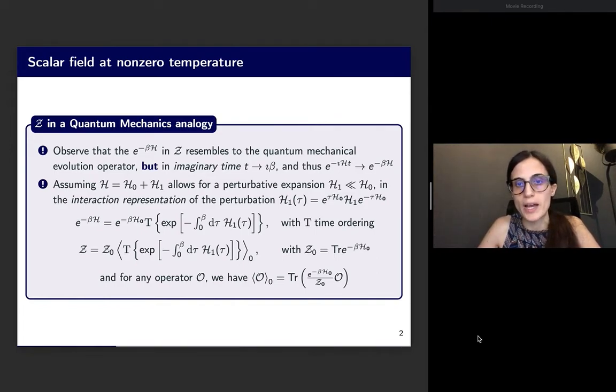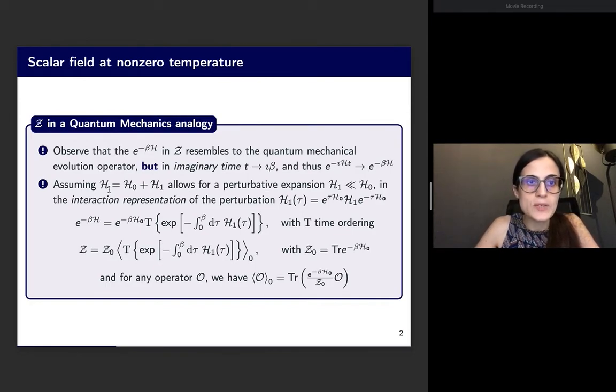So t goes to i beta, and thus there is this correspondence between the evolution operator in quantum mechanics in imaginary time and the partition function that we have just written. So thus the evolution operator is replaced exactly as I wrote on the slide.